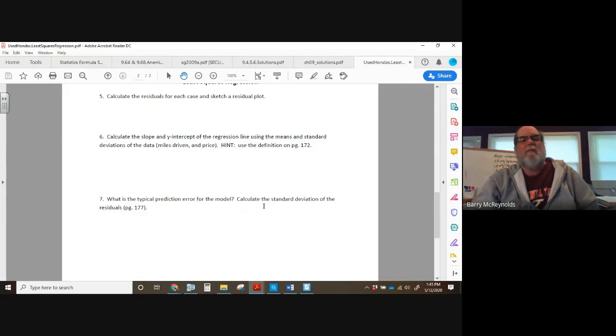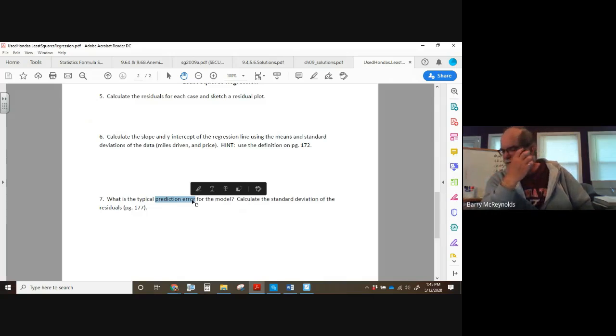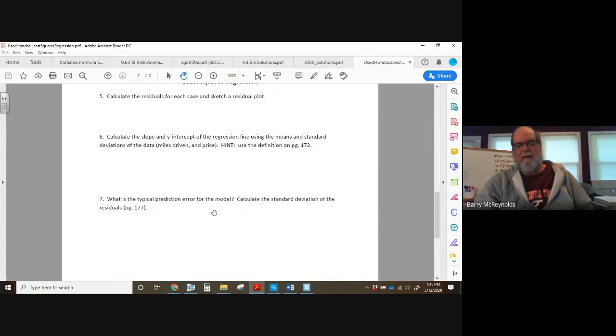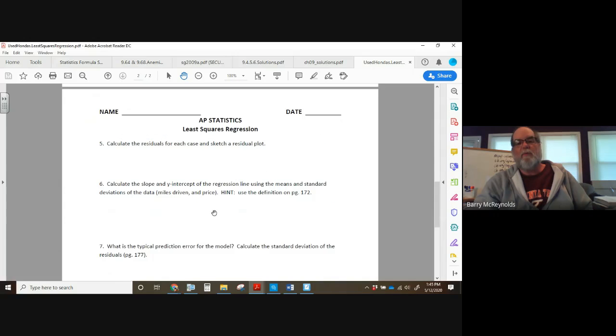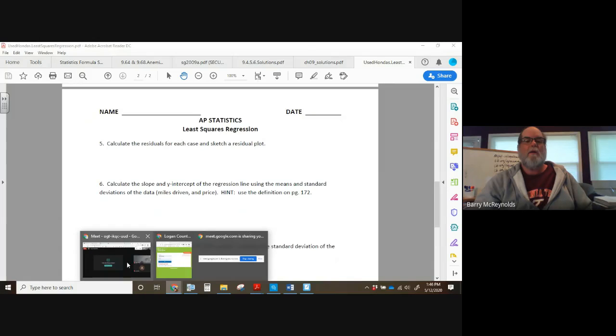But we will talk about what is prediction error, because we've already talked about standard error, and these two have a similar meaning, and so you might be asked about that on the exam. But for right now, we'll stop for the day, and we'll leave it for you there and give you a chance to do a little work.